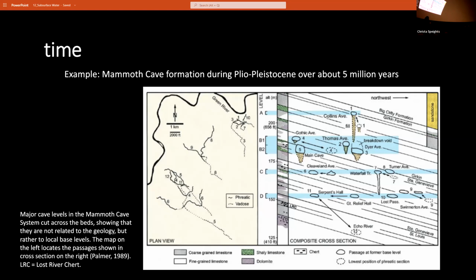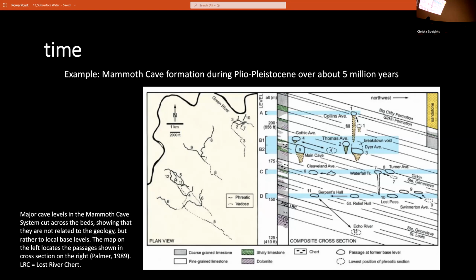And then a similar story plays out, and it cuts down again, and there's another nicely formed level of passage at about 550 feet above sea level. So level C is about 1.5 million years old, and then the very lowest passages started forming about 1 million years ago, and there are some that are full with water and continuing to make new cave today.